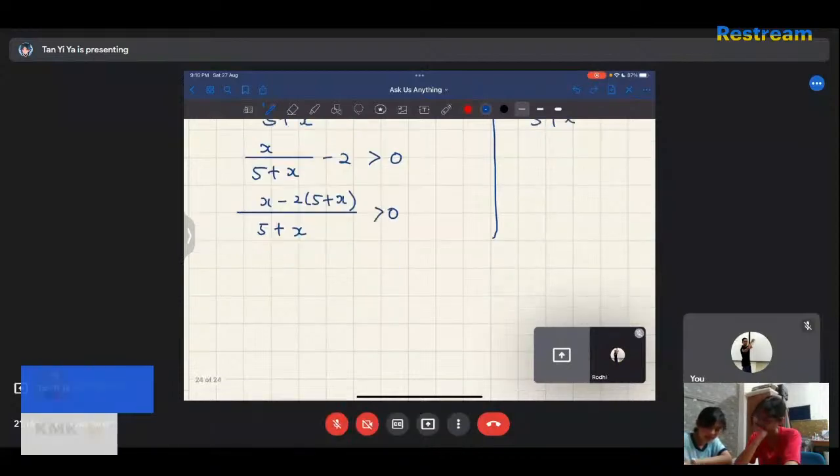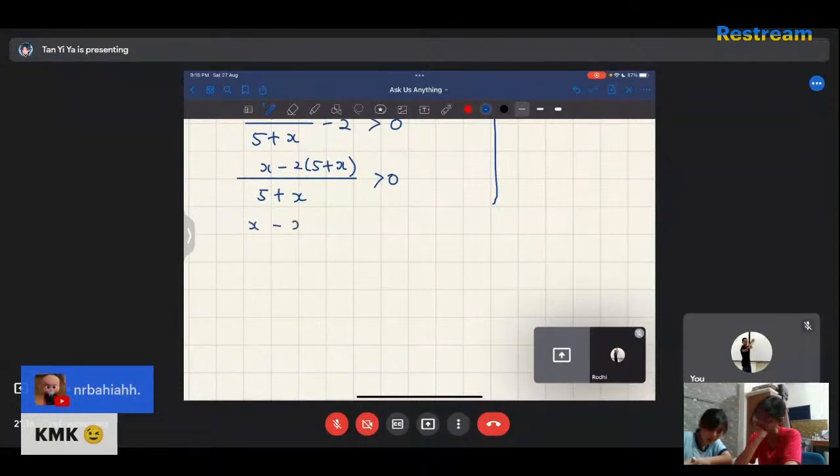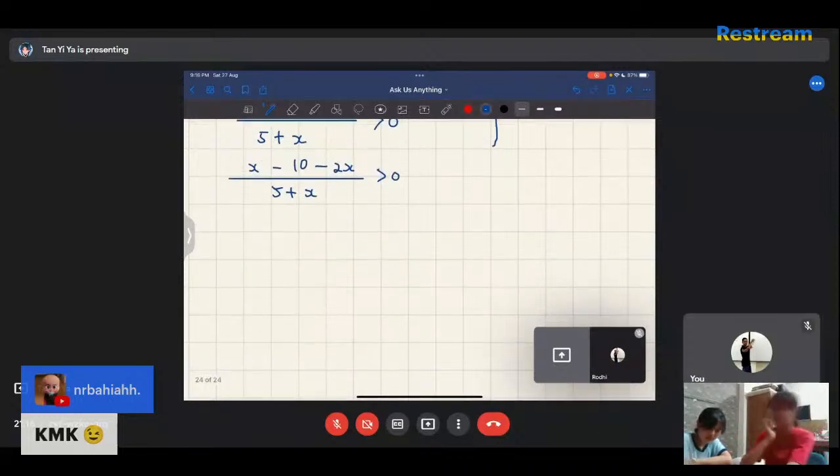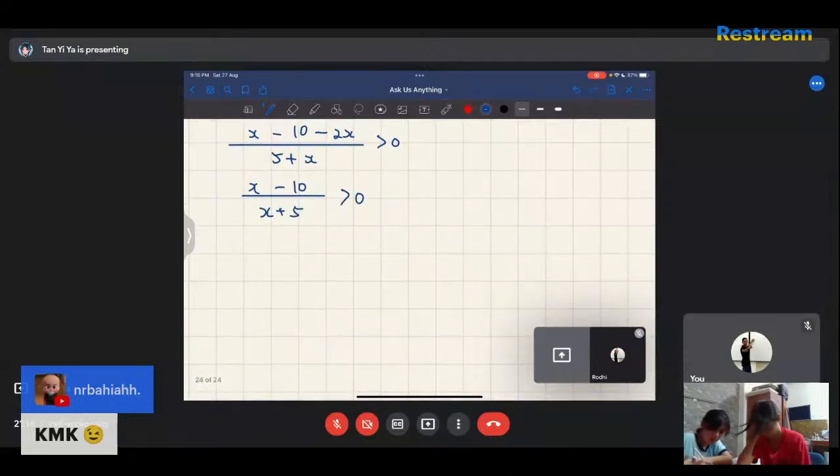Is it okay? Then we expand this equation, 10, negative 2x. Oh man, I will go slow, but it's okay. Negative 2x plus x, then negative x plus 5 is greater than 0. So solve this.